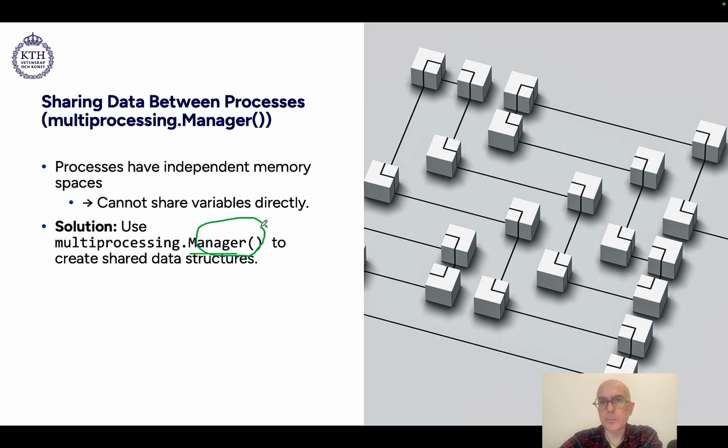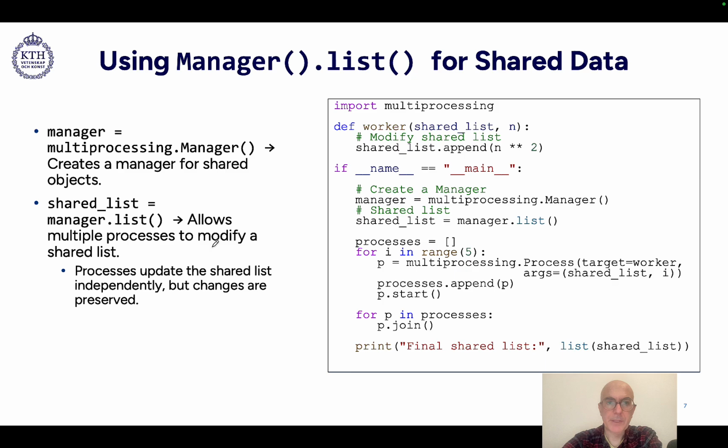In order to address this problem and communicate across different processes, we create a shared memory space across processes, and we need to call multiprocessing.Manager. After that, we need to declare the variable that is shared across the different processes, and we do that by calling manager.list for sharing the data.